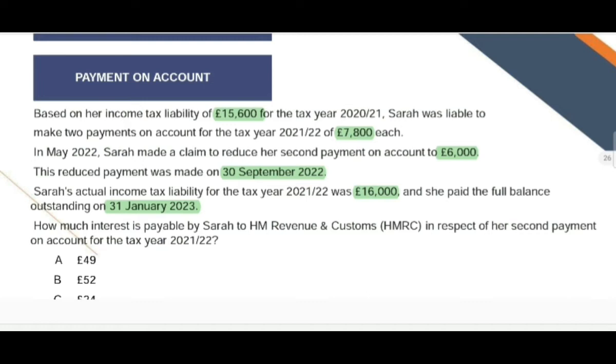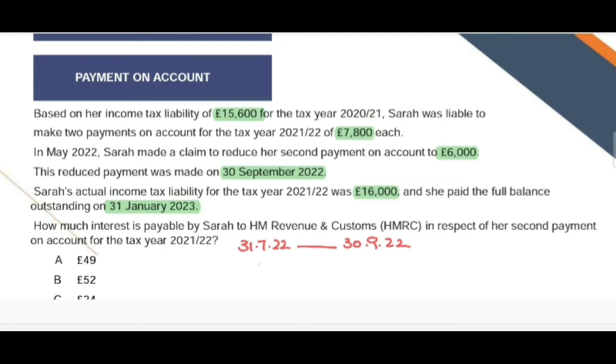How much interest is payable by Sarah to HMRC in respect of her second payment on account for the tax year 21-22? First, we need to consider that she has to pay her second payment on account on 31st July 22. But up to 30th September 22, she paid nothing.